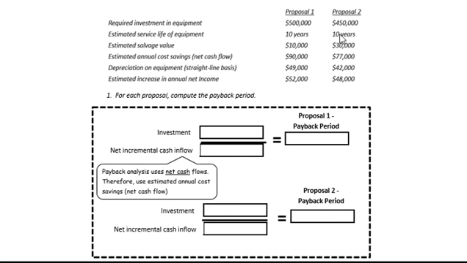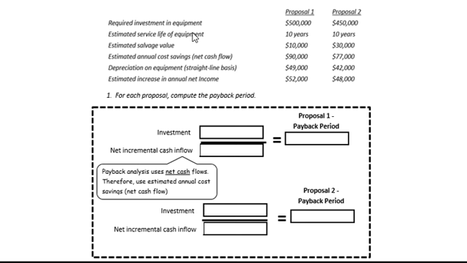So you doing the analysis will be challenged by what are the items that are pertinent to the payback period analysis. We have required investment in equipment, and we're obviously going to need that as part of our calculation. So we need to remember we're going to need that required investment in equipment.